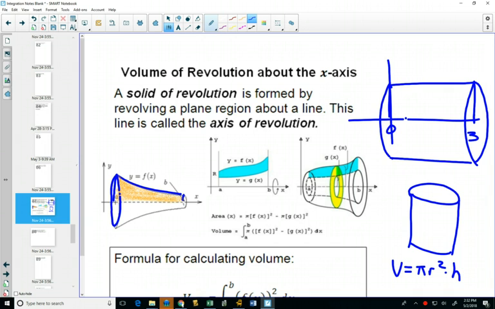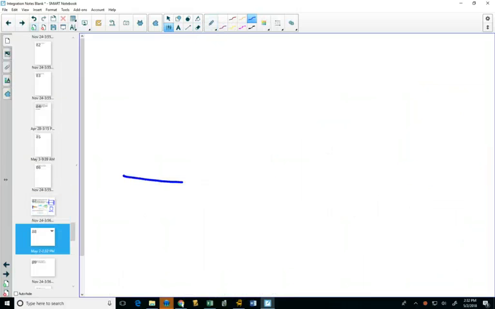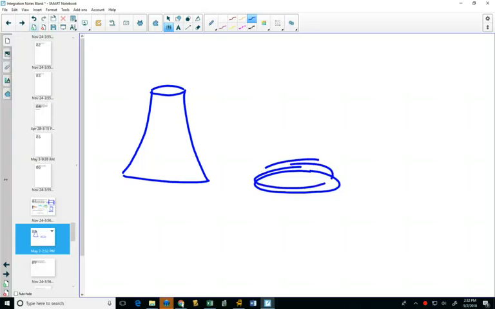If I take this loudspeaker horn and put it on end, can you see that you've got a big circle and then smaller circles as it goes up? And if you stack them all up, you would get your volume.